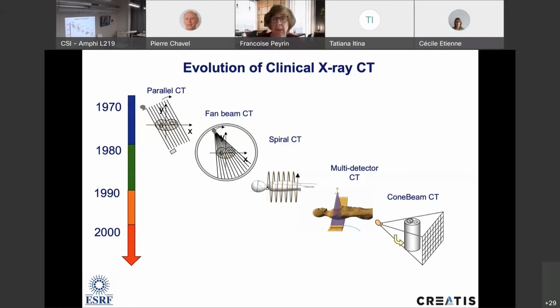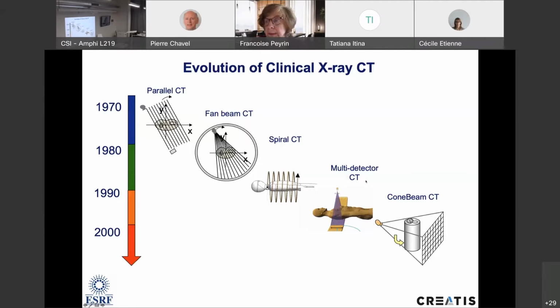This will provide one slice, but when a clinical doctor looks at the patient, generally he wants several slices because he doesn't know exactly where the tumor, for instance, is that he is looking for. And then there was the spiral CT that allowed to do this fan beam CT acquisition by making a spiral motion, and then you could get not only a single slice, but a volume.